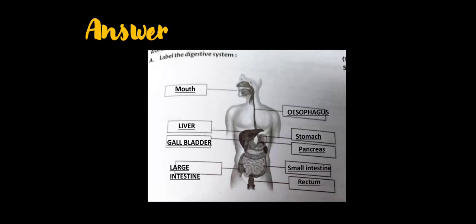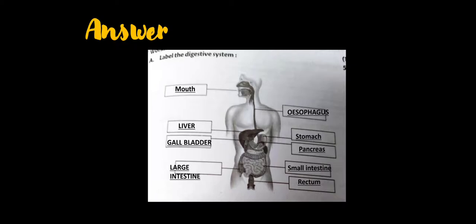Second, on the left side, is liver. Third is gallbladder. And fourth is large intestine. Mouth, liver, gallbladder, large intestine.